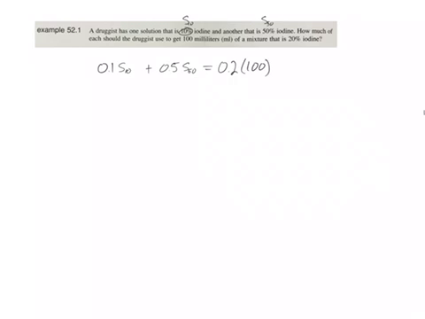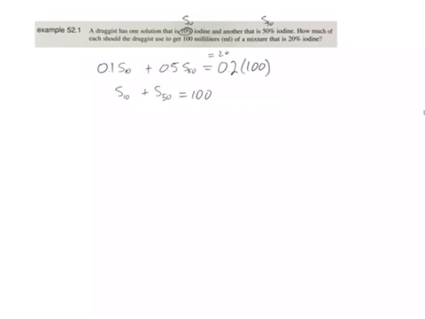So 20% of 100 would just equal 20. Then my second equation would be however much I use in my first one plus however much I use in my second one should equal 100 milliliters. That's my goal.